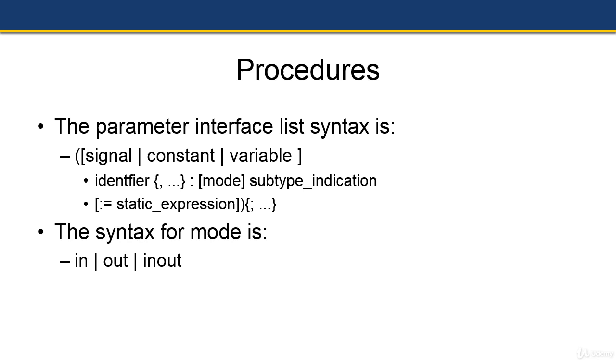Then a subtype indication, such as an integer, a bit, a boolean, whatever. Also, we can optionally initialize each of these to a static expression, and we can have one or more signals, constants, or variables in the parameter interface list.